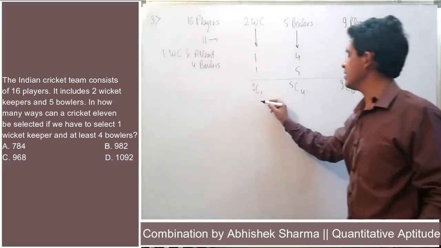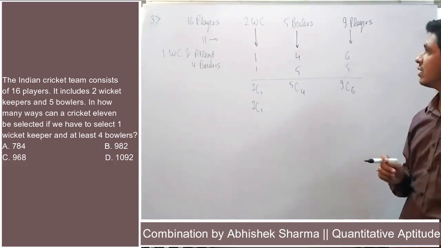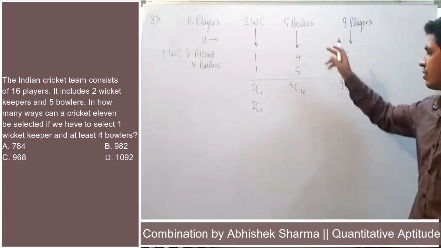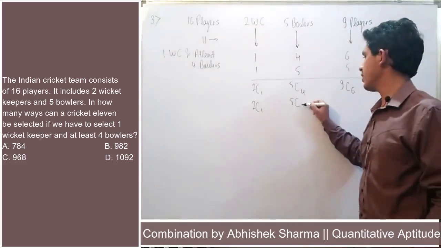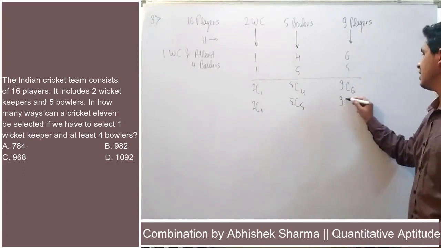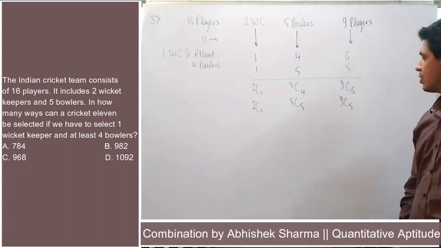And in the second case we have to select 1 wicket keeper from 2, that means 2C1, 5 out of 5, that means 5C5, and then we have to select 9C5, right?